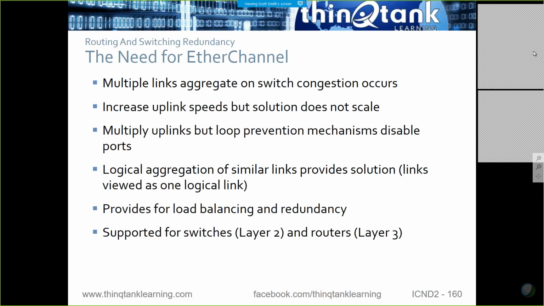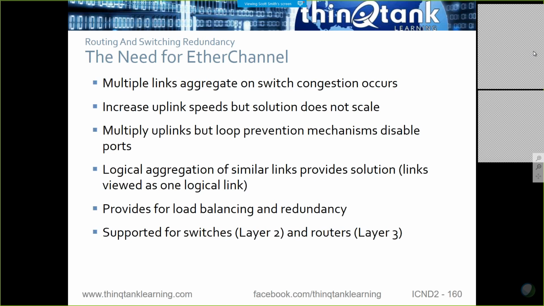But like I said, unless those ports are bundled together, they're going to look like normal individual ports, and spanning tree can disable those ports. So logical aggregation of similar links provides the solution, because we bundle those links together and make them look like one logical link.